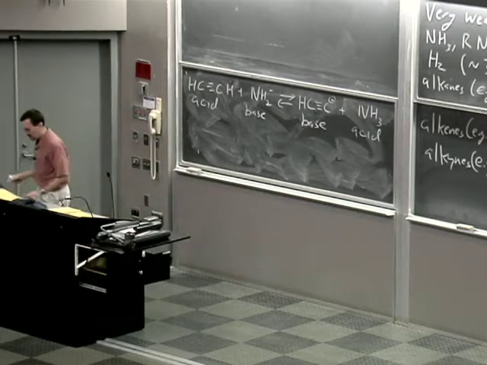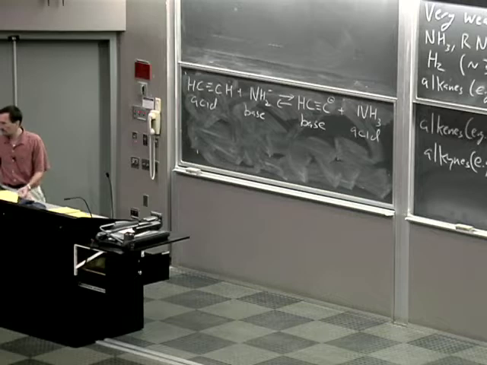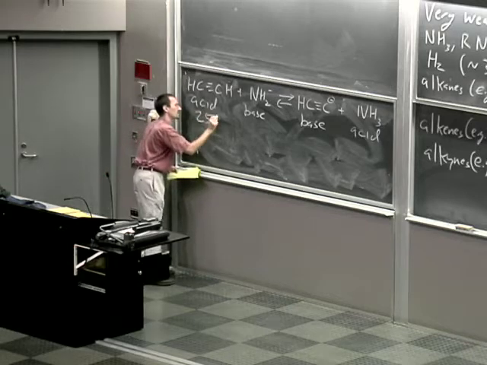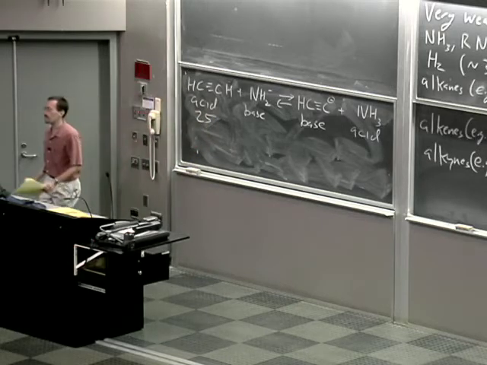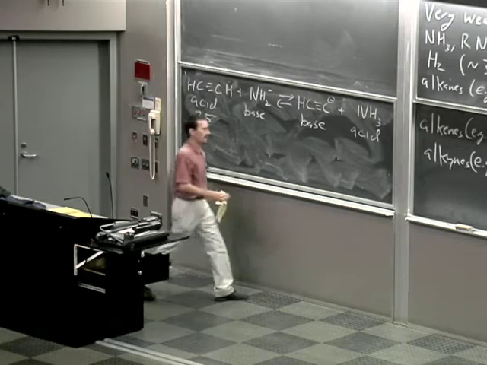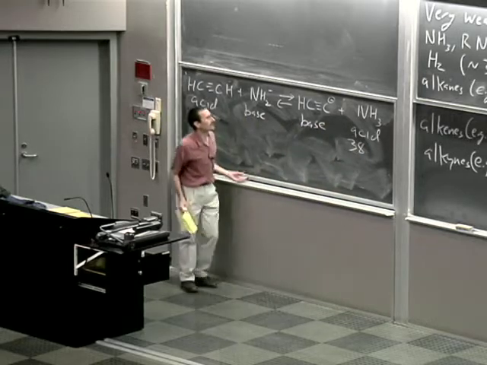Once again, to figure out whether this equilibrium lies to the right or to the left, we simply compare the strengths of our two acids. Acetylene has a pKa of about 25. Ammonia has a pKa of about 38.